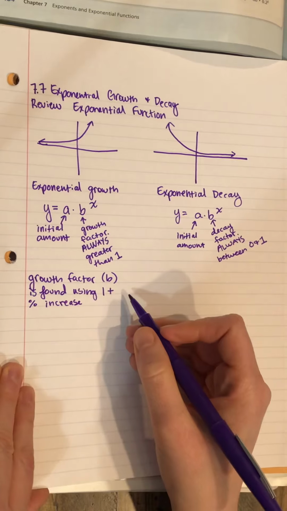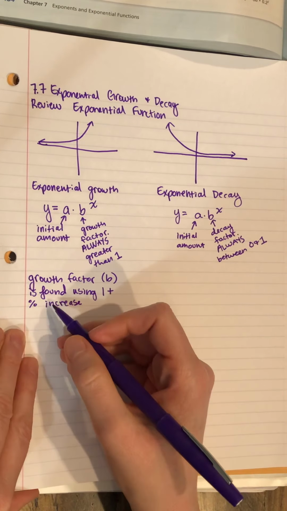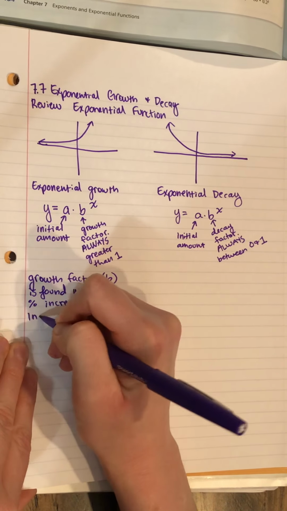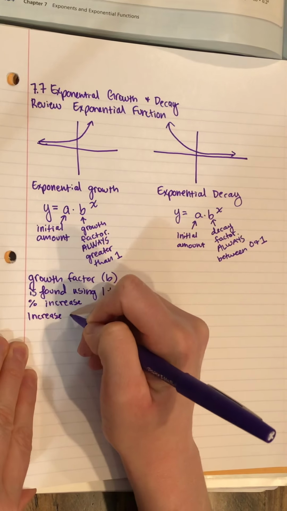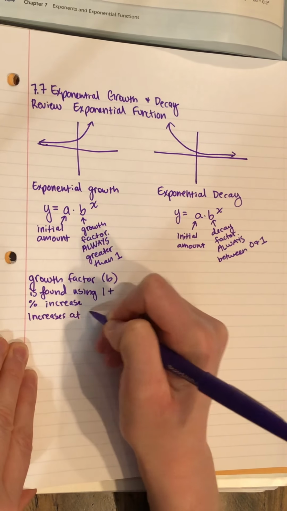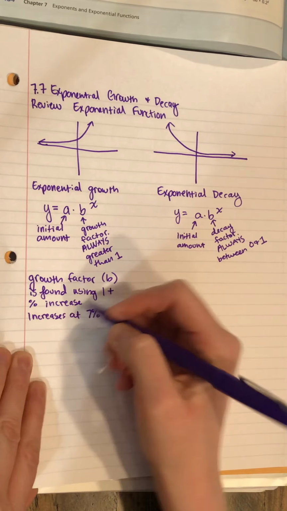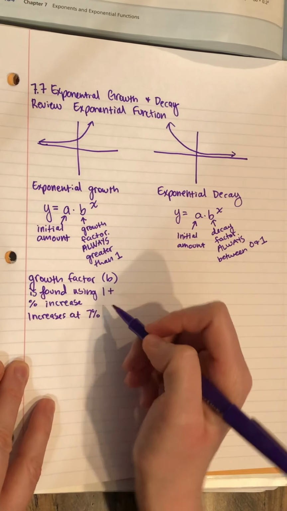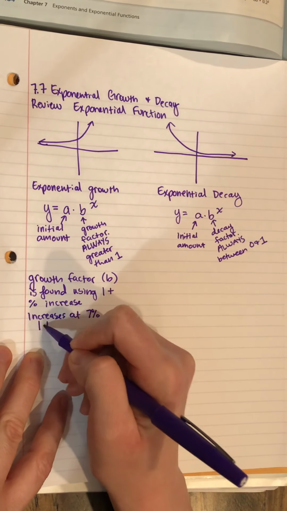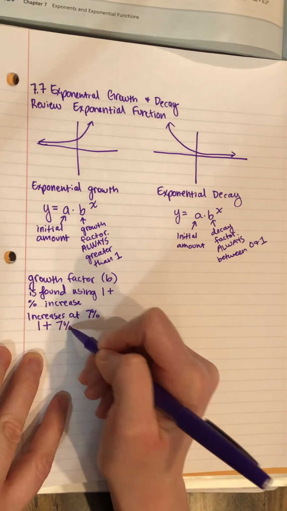So for example, if I said something increases at 7%, then b would be 1 plus 7%.